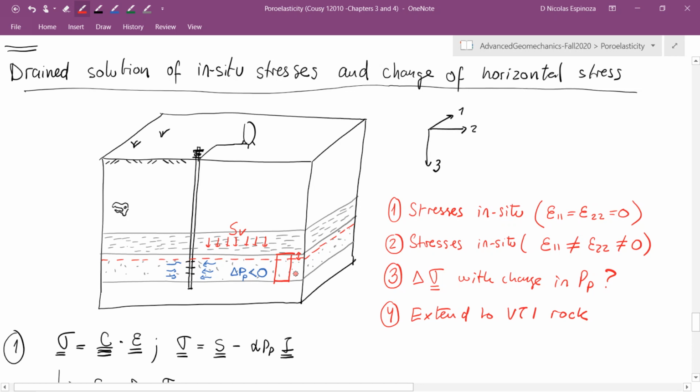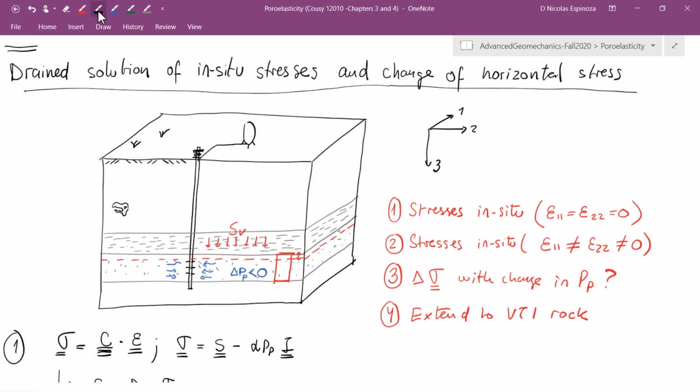Okay, it's pretty evident that the formation is going to compact and that also the vertical effective stress is going to increase. But what about the horizontal stress? What do you think is going to happen to the effective horizontal stress and to the total horizontal stress?